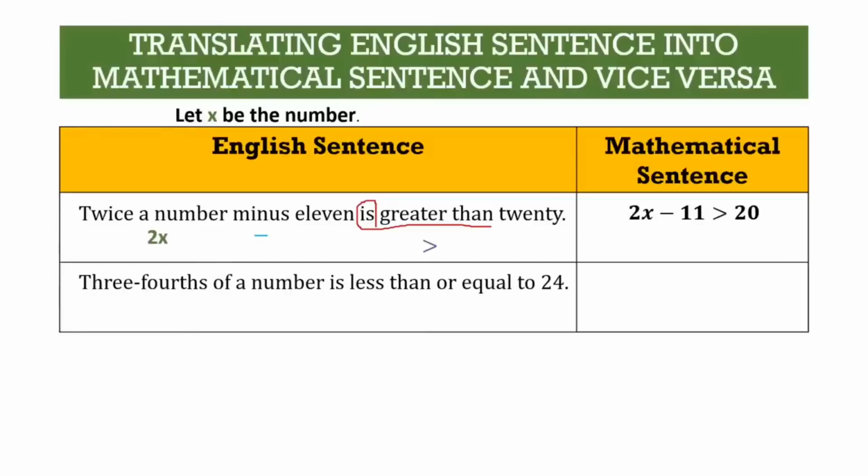And for the last example, we have 3/4 of a number is less than or equal to 24. 3/4 of a number can be written as 3/4 times x. Then we have is less than or equal to. The symbol for that is this. And that is equal to 24. Our answer will then be 3/4 times x is less than or equal to 24.